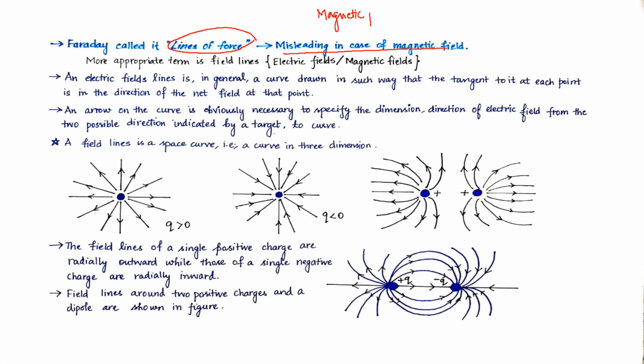Magnetic poles do not exist as monopoles, though our electric charges exist as single charges.